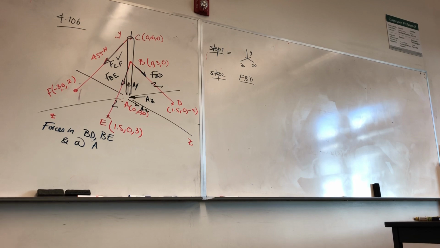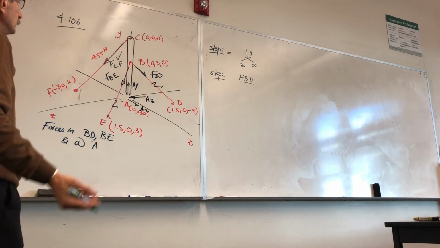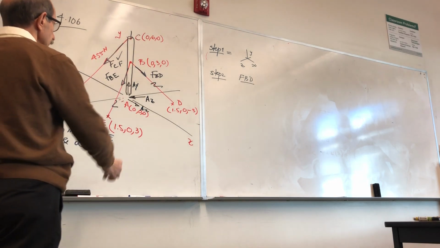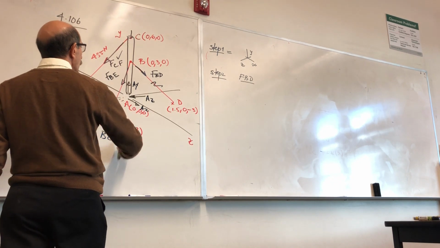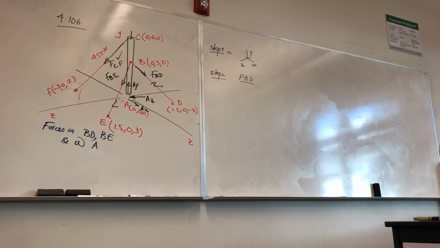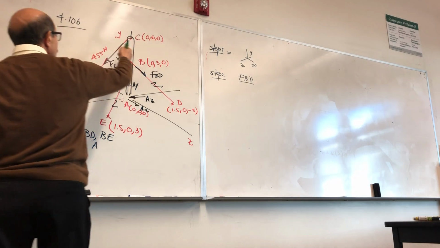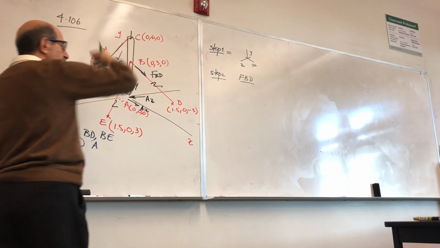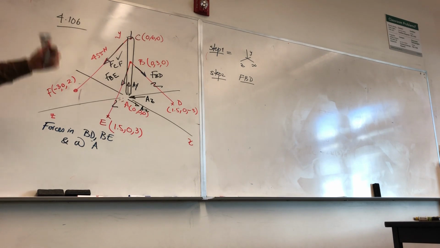So can you think of a possibility? If I consider the y-axis, it intersects all the unknowns, so you have nothing left. So that equation is not going to be much use. Any other possibility?